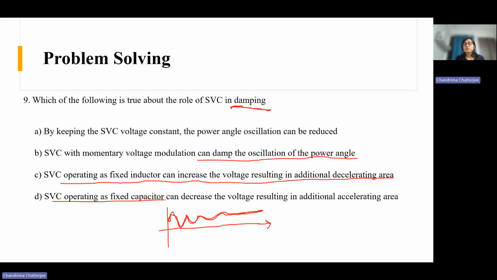SVC operating as fixed capacitor can decrease the voltage, resulting in additional accelerating area. So the correct option is we can perform momentary voltage modulation, and that's how we can damp the oscillation. Option B is the correct option. So this is the way we can modulate the SVC voltage momentarily, and we can provide damping in this way.